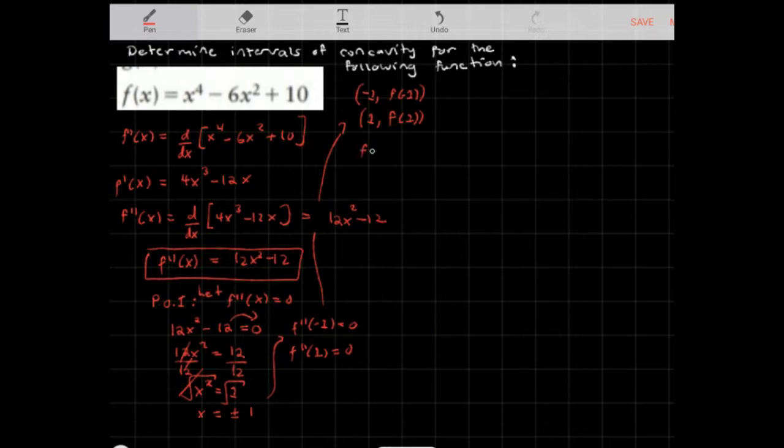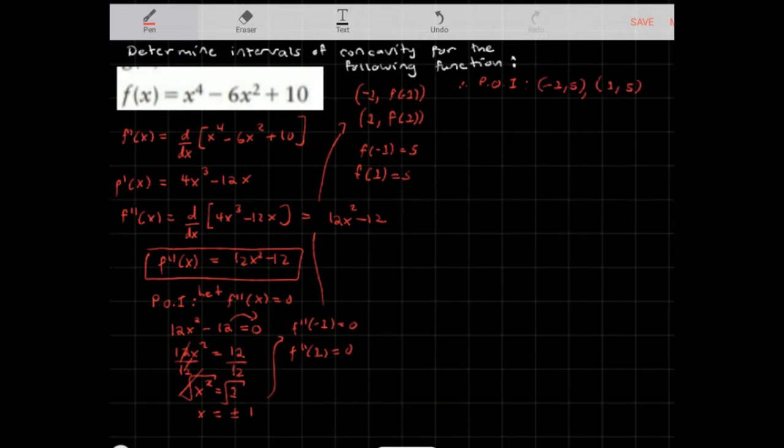If you plug in f of negative 1 into the function, you will get 5, and you'll get the same value for 1. So therefore the points of inflection are negative 1 and 5, and 1 and 5.